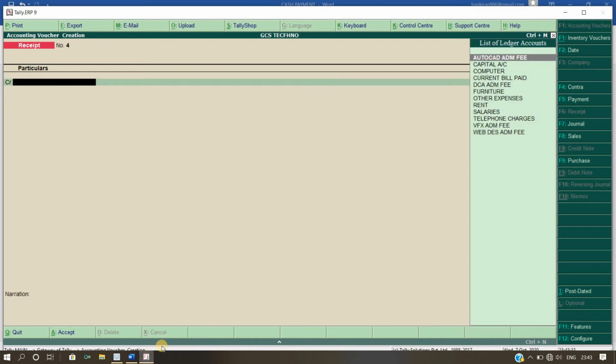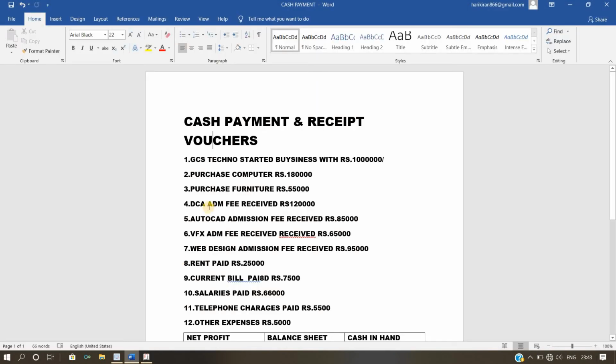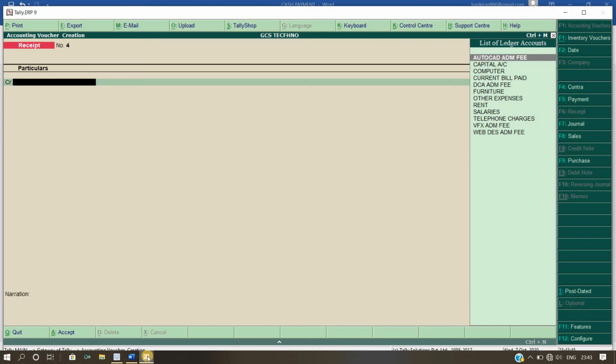And next one is VFX admission fee received of amount 65,000, right? These all are receipt voucher only, friends, because we are getting money, right?